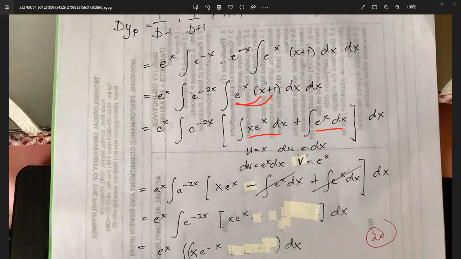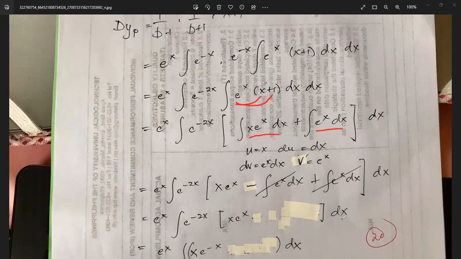And I copied this one. So I canceled the two because one is negative, the other one is positive, giving me a remaining x e raised to x, which is the answer of this integral, which before integration, I need first to multiply with e raised to 2x. So you see here, it's e raised to minus 2x times my answer here, which is x e raised to x.